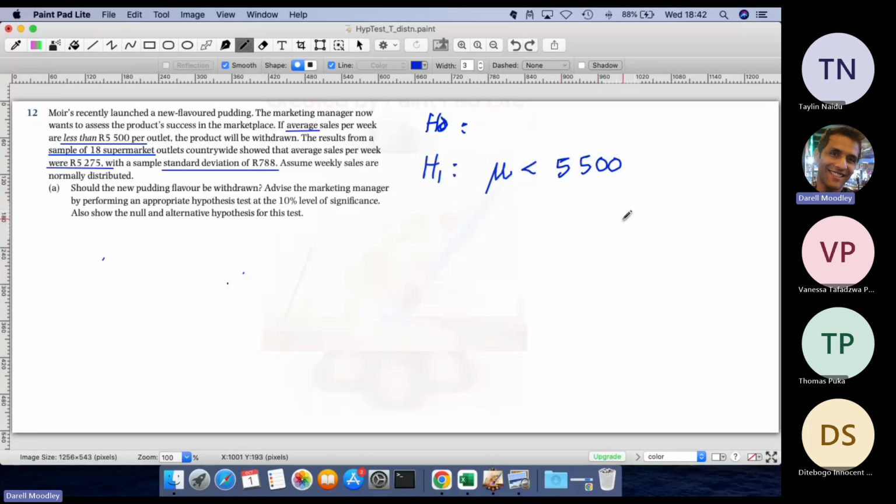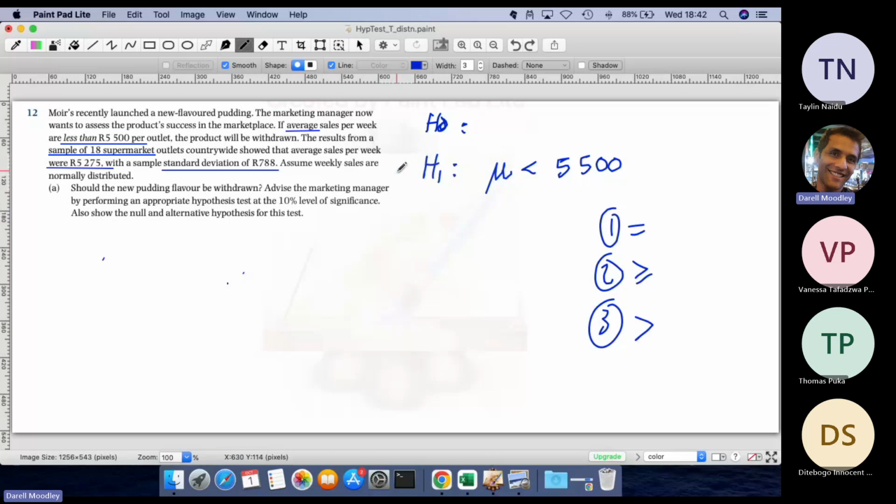Now, I'm going to ask you this question, and it's vitally important that you understand this. If we have less than, like what we have in H1, then which of these signs is the opposite to it? Is it option 1, equals to? Is it option 2, greater than or equals to? Is it option 3, greater than? Which of those options would you choose as being the opposite of what I've written for H1?